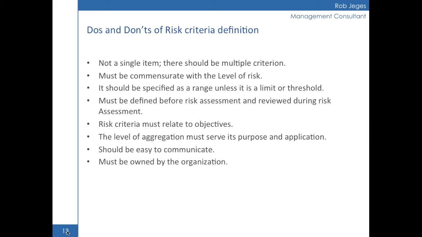But then when you especially look at the point where risk criteria must relate to objectives, the risk criteria can start getting very complicated, because if you're looking at, let's say, an IT operations where the objective may be that, yeah, we don't want to have any unplanned IT system downtime, then your risk criteria will relate to the system downtime. Then the financial aspect of the criteria may not be that relevant, because the objective is to keep the systems up and running.